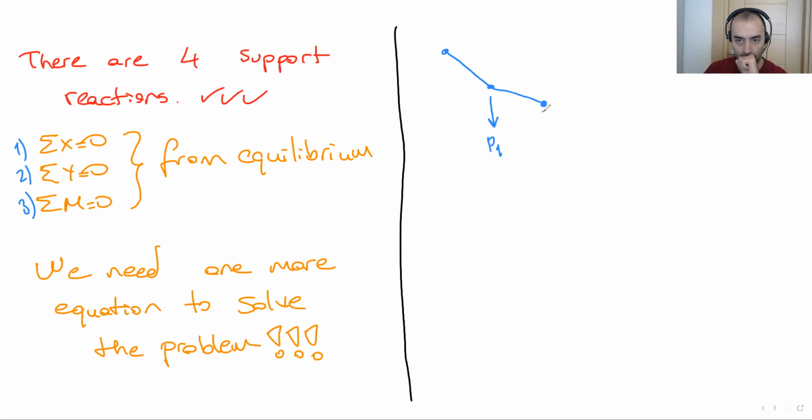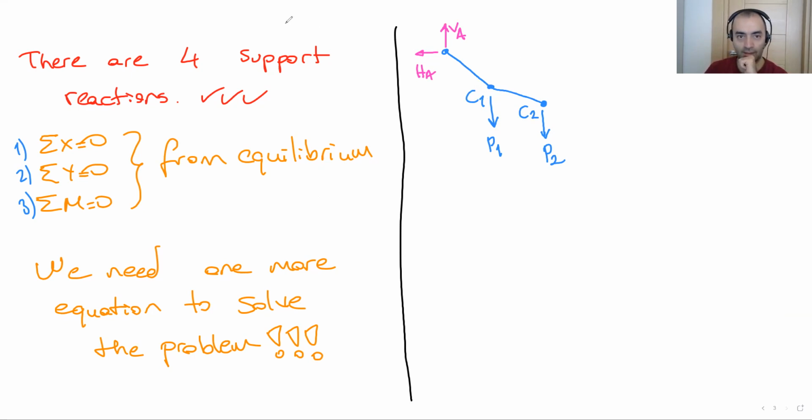Here I have P2. Here's C1, P2. And here what I have are support reactions. This is point A, H_A, vertical A. That's okay. By the way, this is B1.